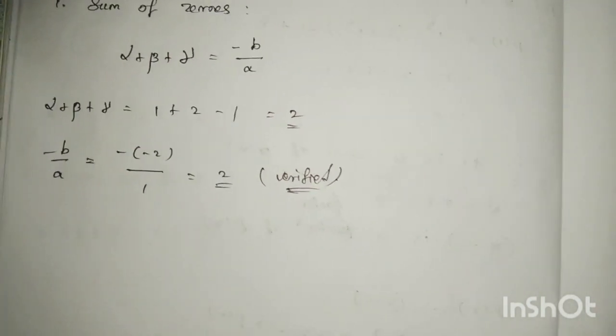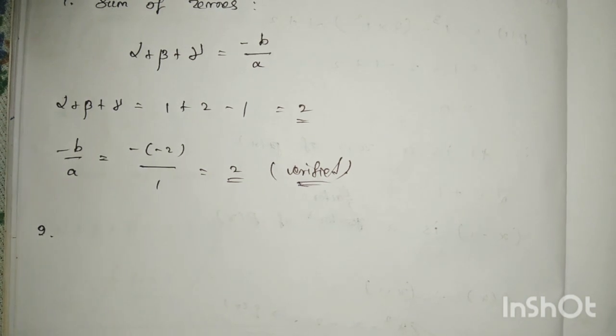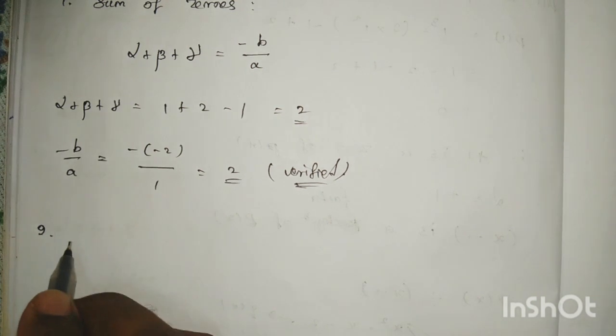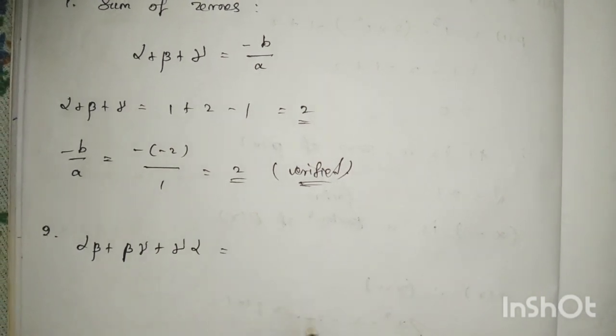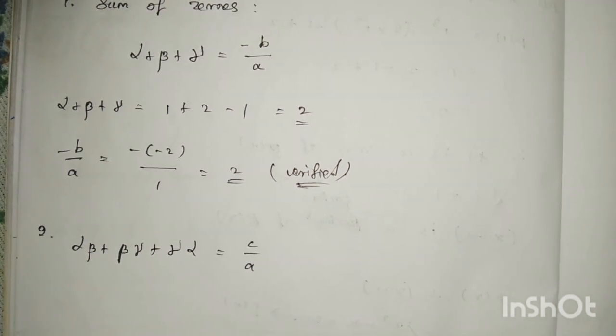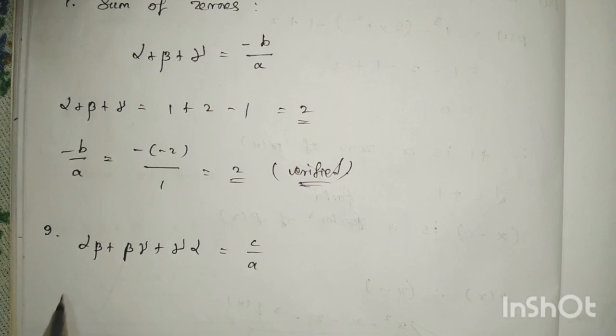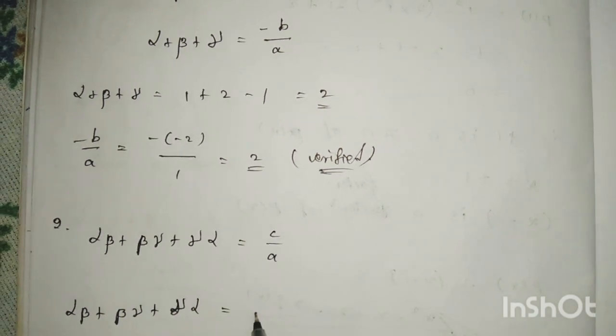Now the second one. Next, the second one is the sum of products of two zeros, right? That is alpha beta plus beta gamma plus gamma alpha is equal to C by A. So now we can find out alpha beta, beta gamma, gamma alpha. What is the alpha value here?